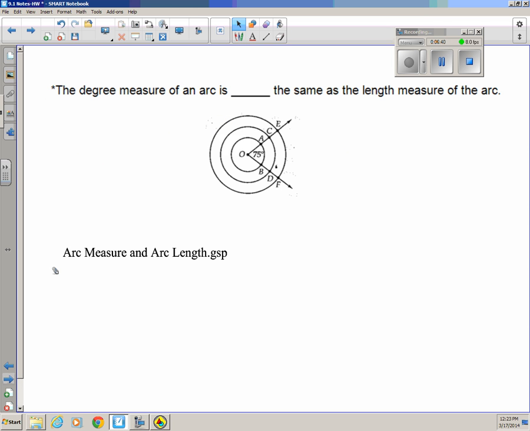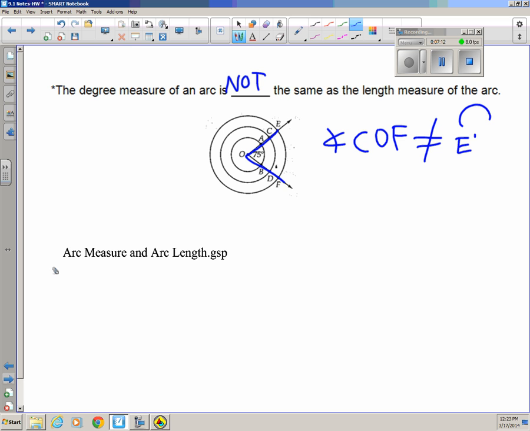What you need to also understand is that the degree measure of an arc is not the same as the length of the arc. I'm going to show you that sketch pad also. So for example, like arc EF, so central angle COF is not the same as arc measure EF.